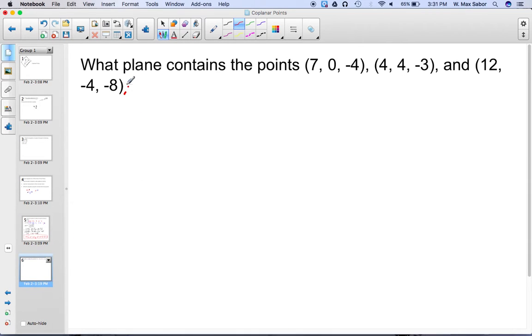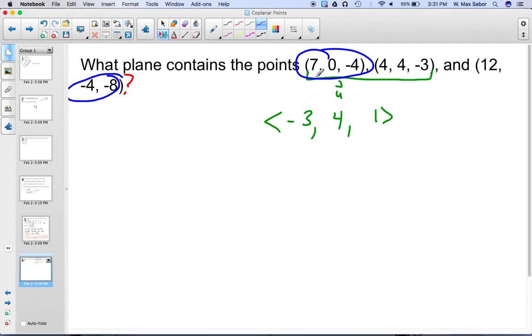So what plane contains these 3 points? Let's pick 2 points to make a vector. So this would be -3, +4, +1. This time I'm going to change it up. I'm going to use this one and this one in order to create that vector.